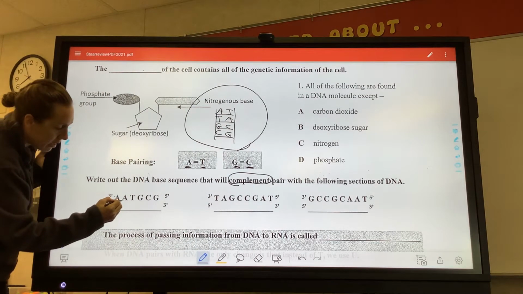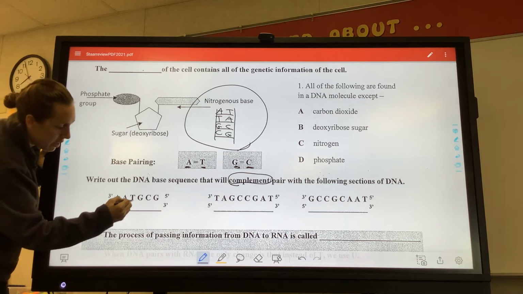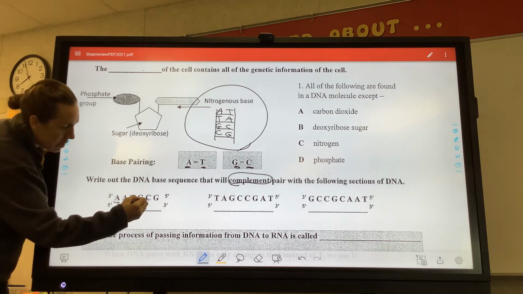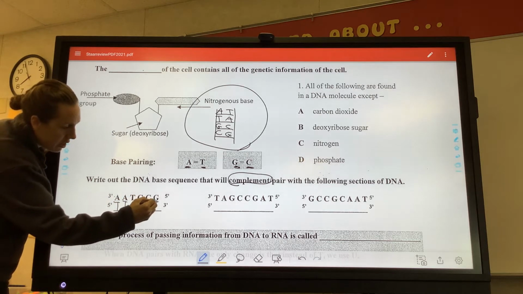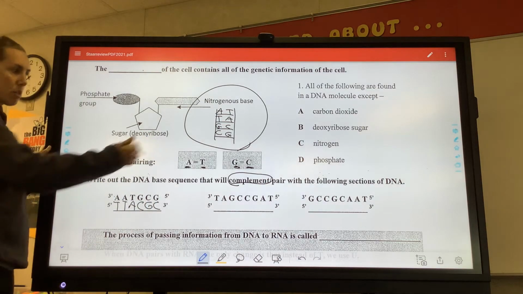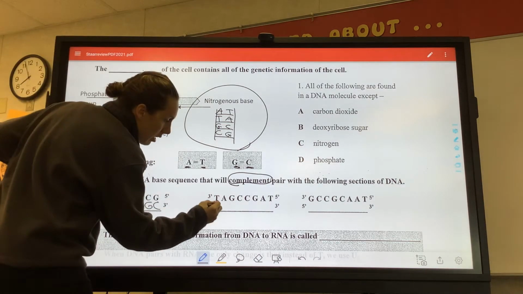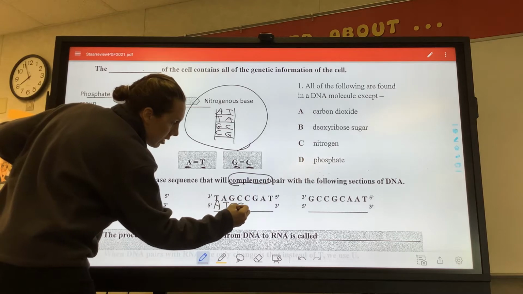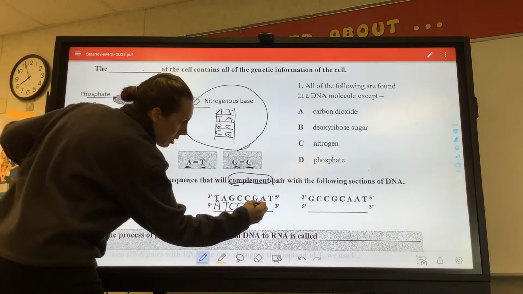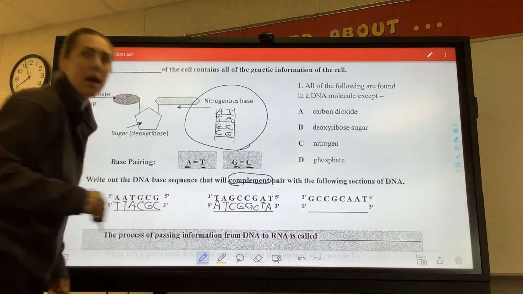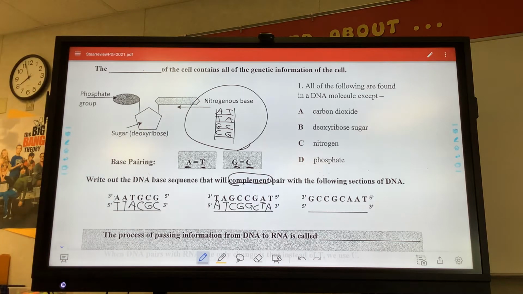T, A, T, G, C, G. Guys, good, you got it. Finish the rest of them. I'm going to come around, check that last one is spelled out correctly. Apples in the tree, cars in the garage. Now, this is only with DNA in the nucleus.